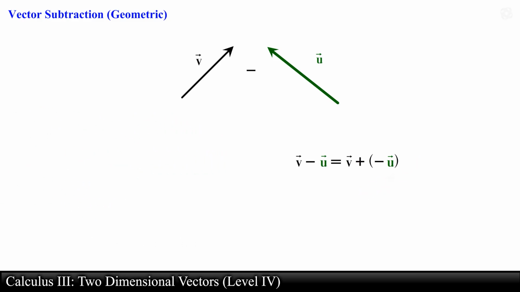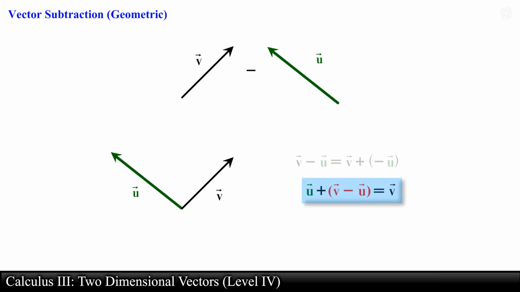A final way to think about vector subtraction is by aligning both original vectors so that they start at the same initial point. Then we can use the fact that if we were to take vector u and add it with vector v minus vector u, we should obtain vector v. This way, we can use the triangle law to draw vector v minus vector u. In this case, the resultant vector will be drawn as follows.